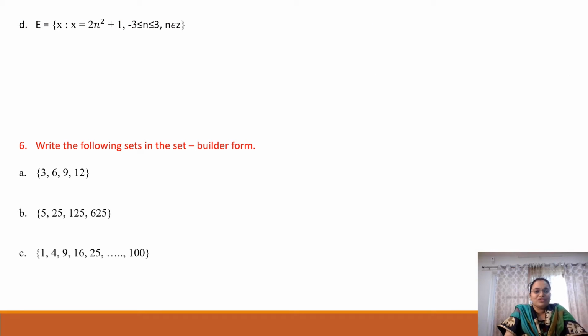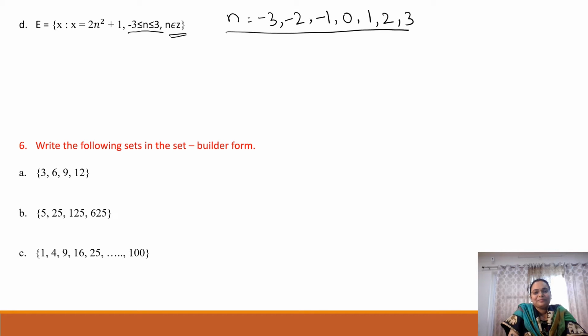So E is equal to {x such that x equals 2n squared plus 1}, where n is less than or equal to 3 and greater than or equal to minus 3. This is the condition they have given. So n belongs to the integers, right? Because we have negative numbers as well. So n can be minus 3, minus 2, minus 1, 0, 1, 2, 3, right?